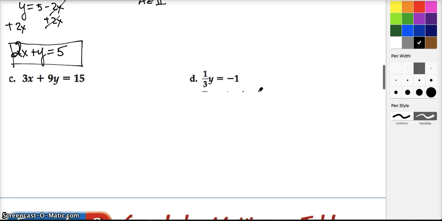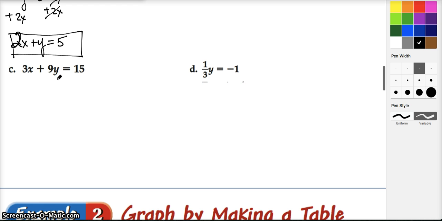Coming down here to part C, I've got 3x plus 9y is equal to 15. x is to the first power, y is to the first power. There's no multiplication here. This looks pretty good. This is in standard form: ax plus by equals c. The only thing I notice is that the coefficients, the a, the b, and the c value here are all divisible by 3.